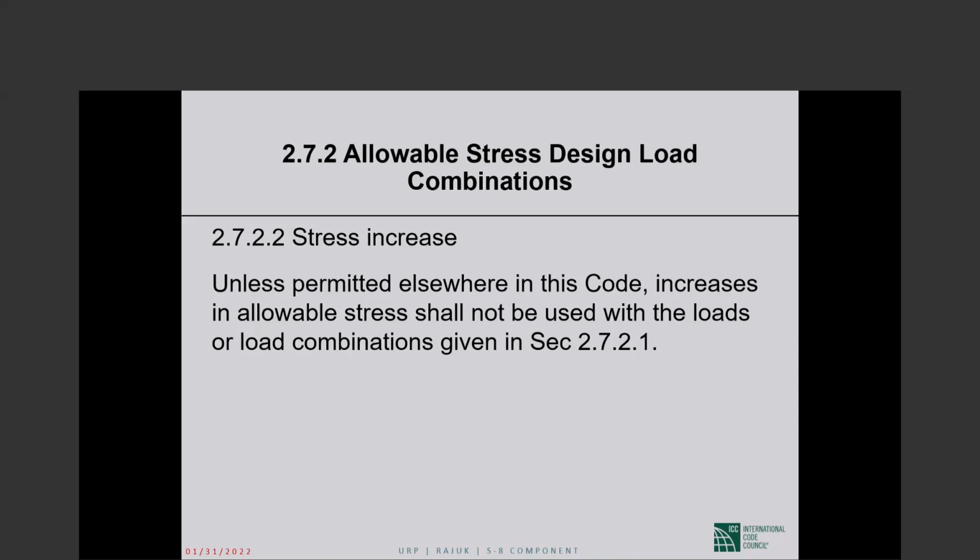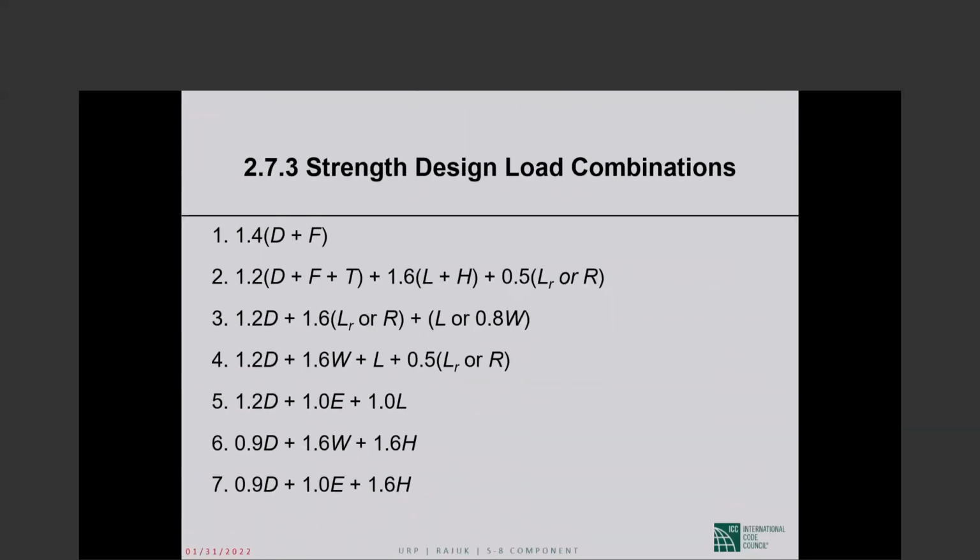So no stress increase to go with BNBC ASD load combinations unless permitted elsewhere in the code. Maybe the masonry chapter allows it, I don't know, but generally speaking, you shall not increase allowable stresses.